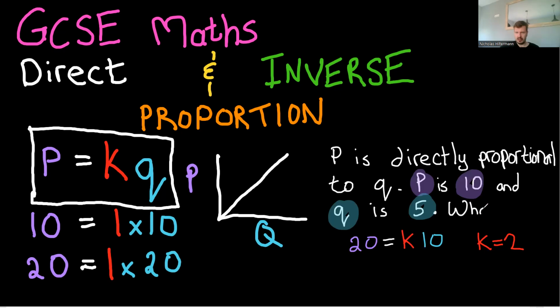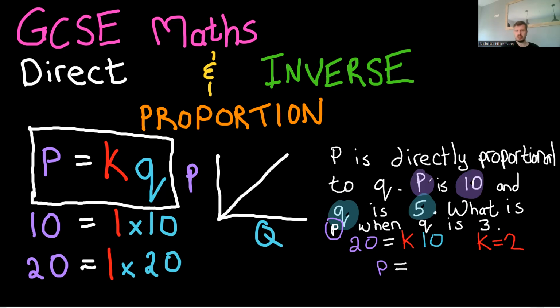Now that we know what K is, we use this equation, but K is the thing that doesn't change. So K is like our constant.